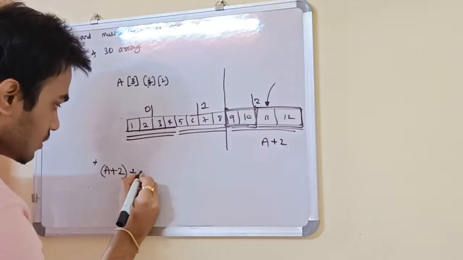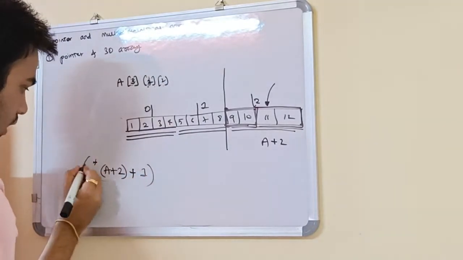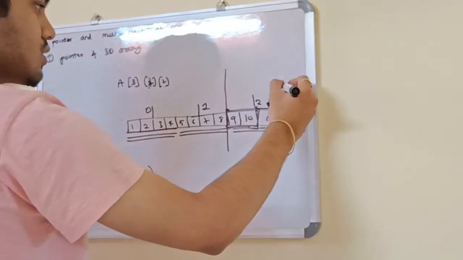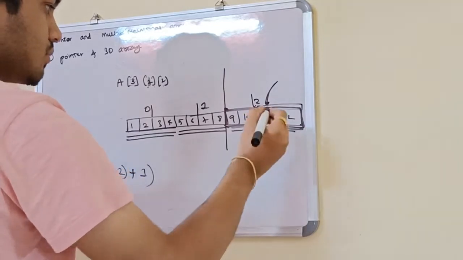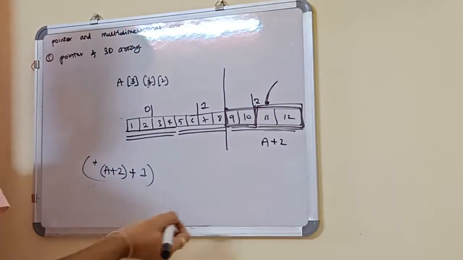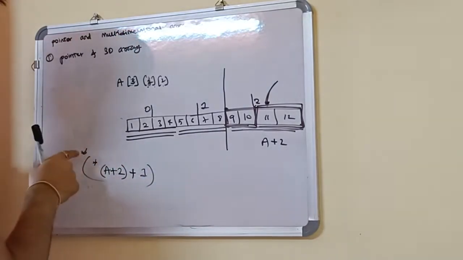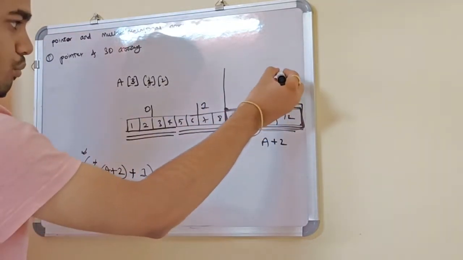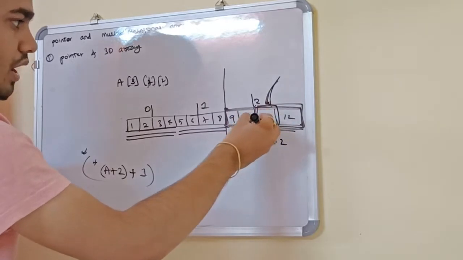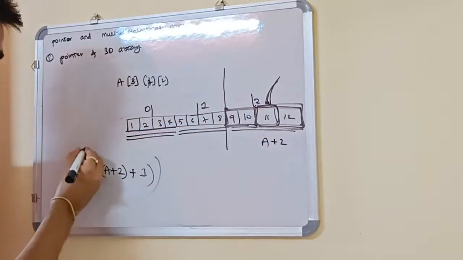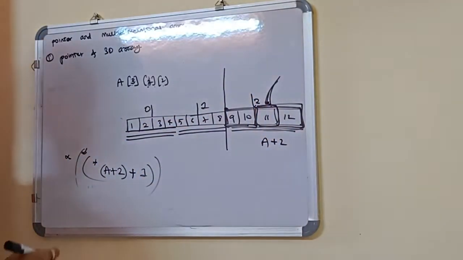So I will do plus 1. Now I'm actually at this address. Now I want to go inside that row, so I will dereference again, and after that I am pointing to the first address, and I want to print this only, so I will dereference again. So this is how it actually works.